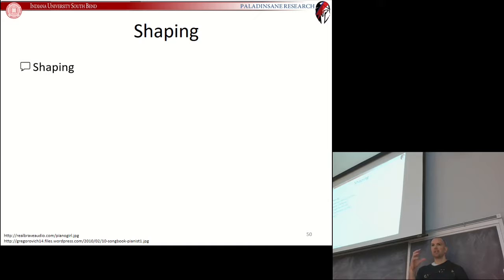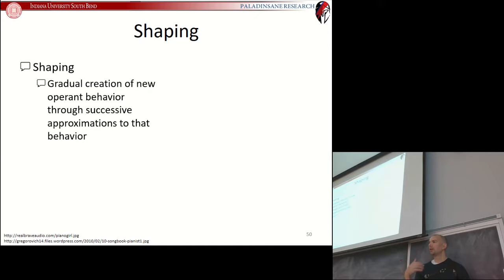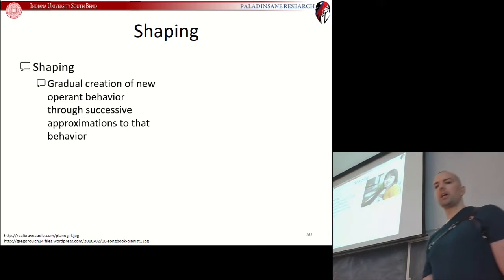What shaping is, is where you gradually create a new behavior through successively getting closer and closer and closer to that new behavior, right? So it's the gradual creation of your target operant behavior, not by jumping to it immediately, but by getting closer and closer to it, and that's the procedure known as shaping. So it's not theoretically required, but it makes it practically possible.